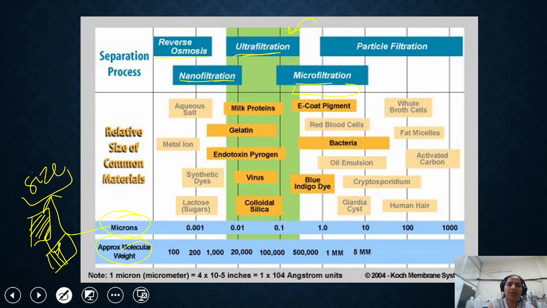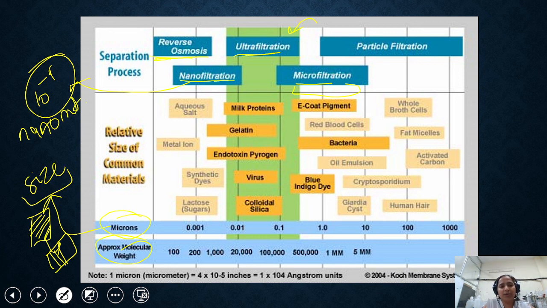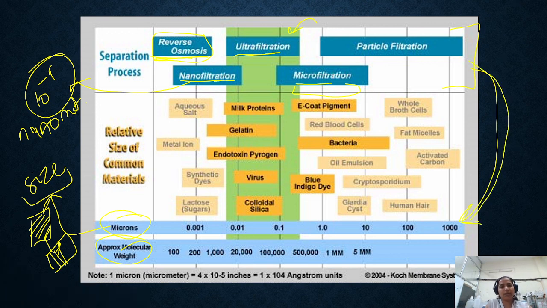And then nanofiltration, where nano itself is defined for the 10^-9 or nanometer range. Then reverse osmosis, in which very rarely minute particles are allowed, otherwise it does not allow particles to pass through. All these things are done on the basis of size only. So it is really important that you know the order of these, at which order each filter is used.